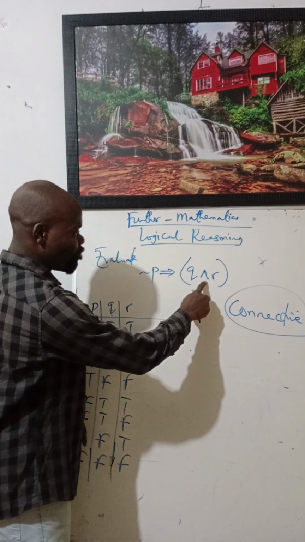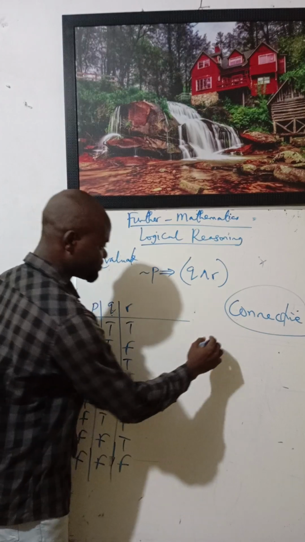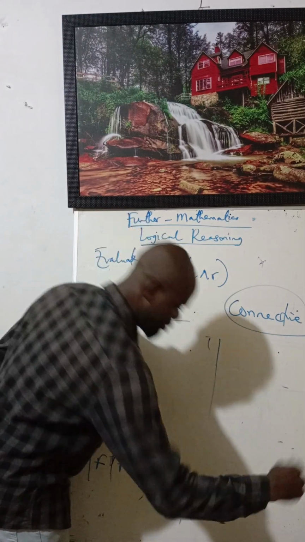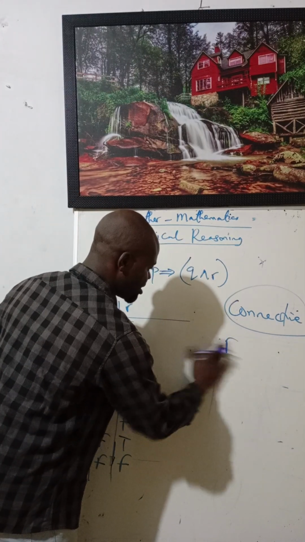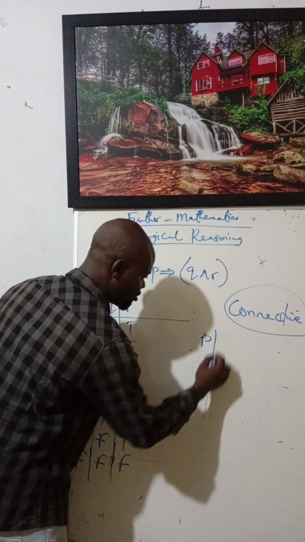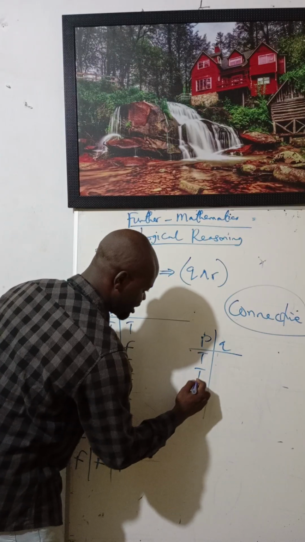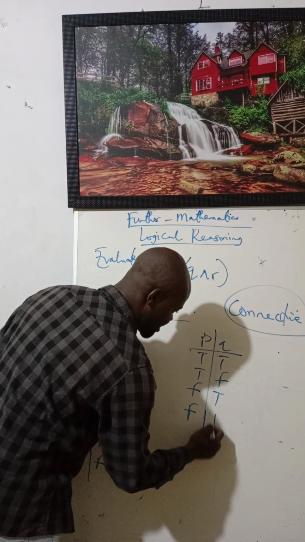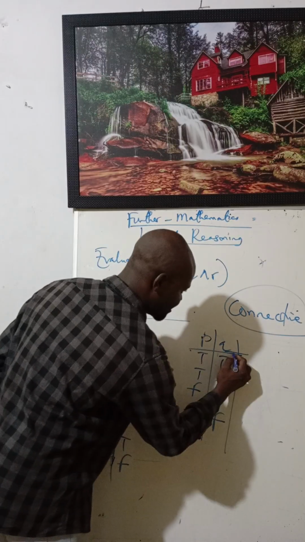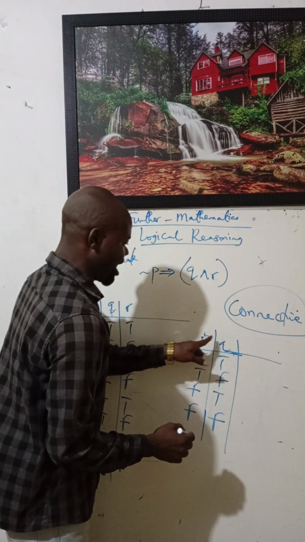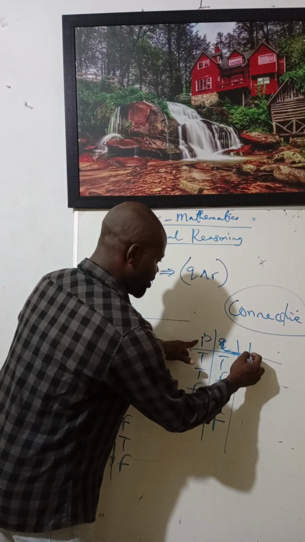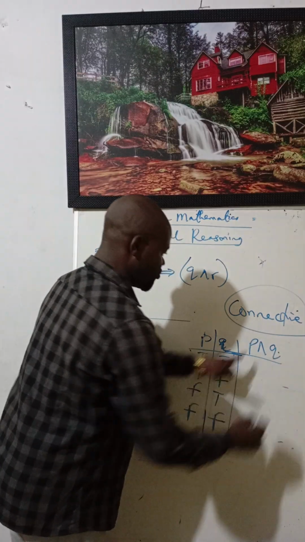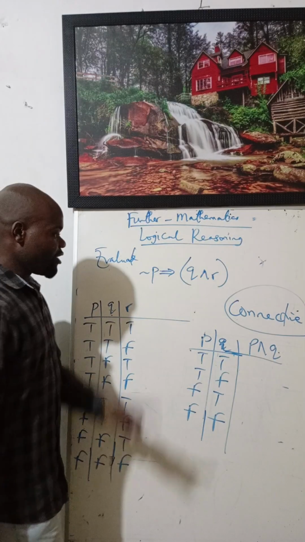Now for and, let's say we have P and Q normally: T, T, F, F and T, F, T, F. For and, that will be P and Q. What's the rule for and?